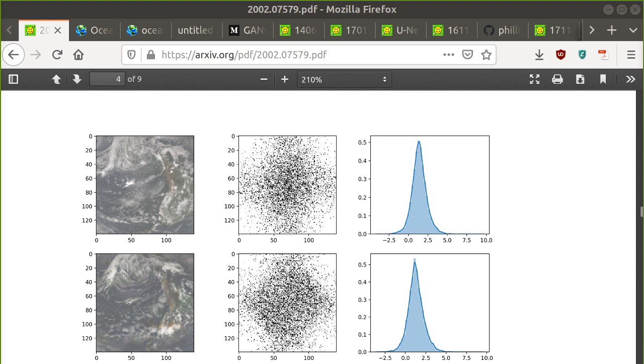Yeah, I started with GANs, I think 2016. So there was a quite famous paper called Deconvolutional Generative Adversarial Networks.